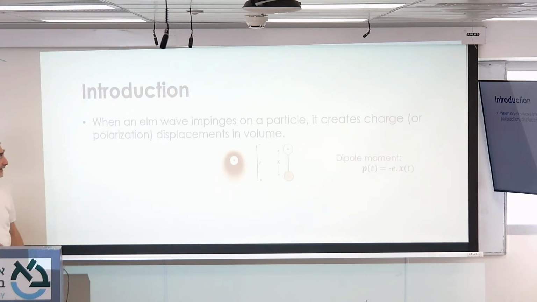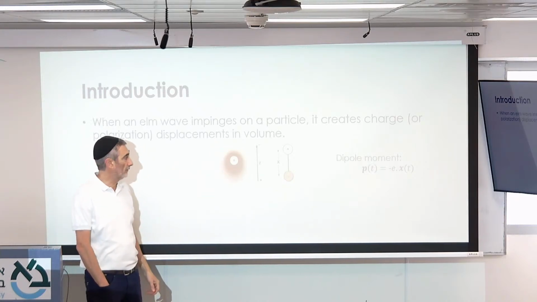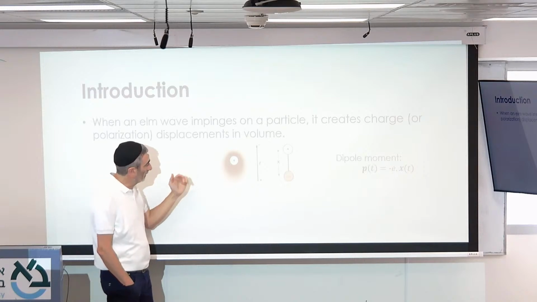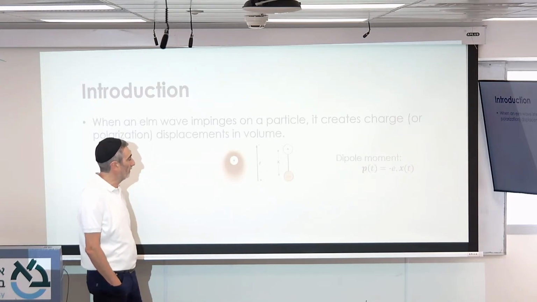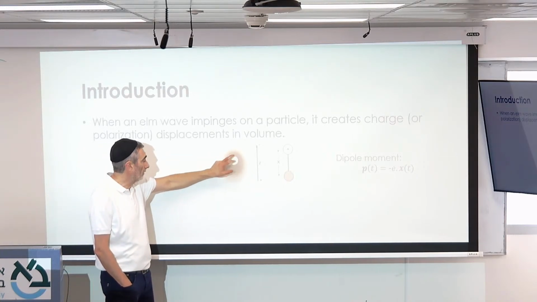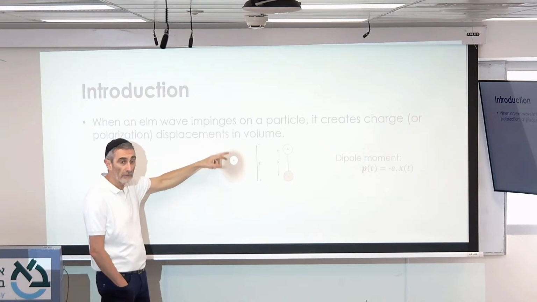The idea is that when you have an electromagnetic wave incident on some scatterer, some object, it will generate some movement inside this volume. For instance, if you have an atom, with a nucleus and the electronic cloud around it, when the electromagnetic wave impinges on this object, the electric field will displace the electron cloud away from the nucleus, back and forth around the nucleus.